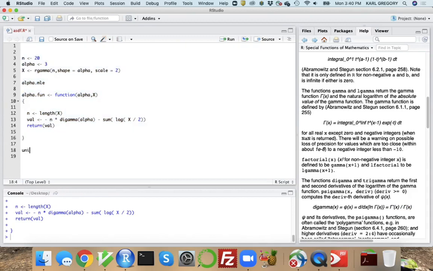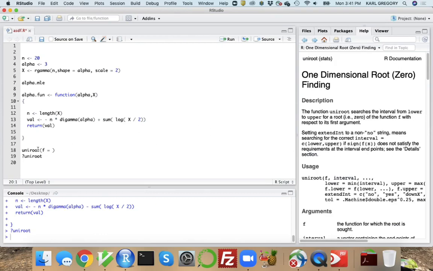Then what we want to do is take this function and find the value of alpha where it's equal to 0. This was supposed to be a plus. We've got to look back at our paper to know that that's a plus. The function I'm working with, uniroot, is an R function which finds roots of a function. The function is going to be this alpha function.